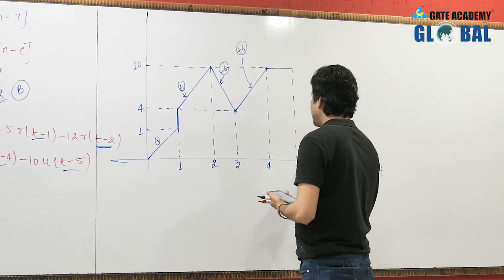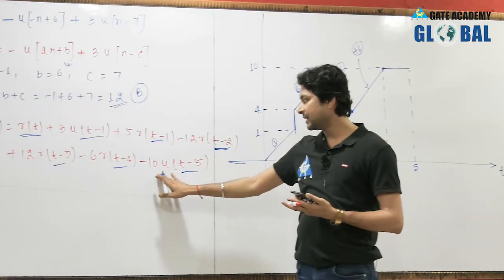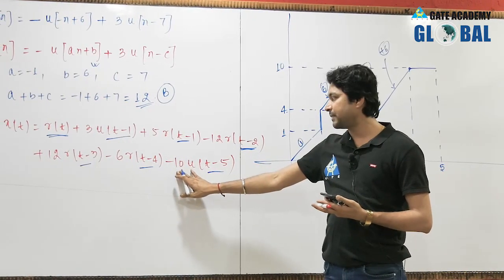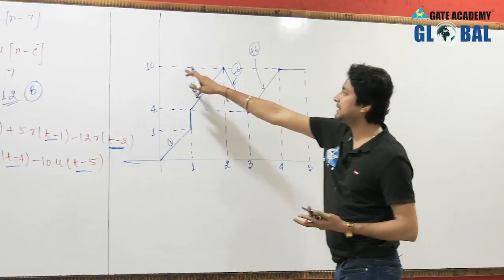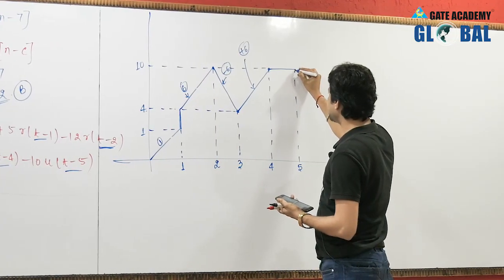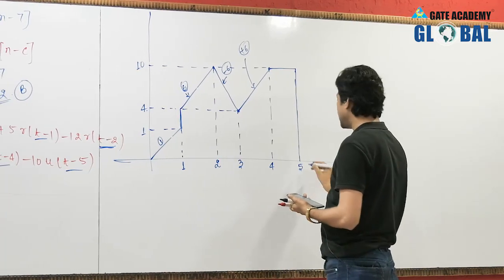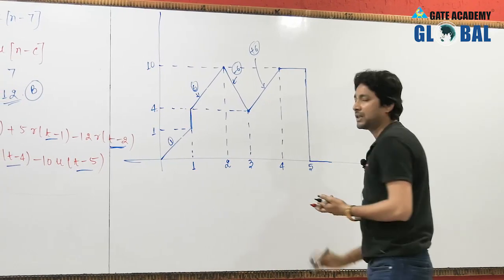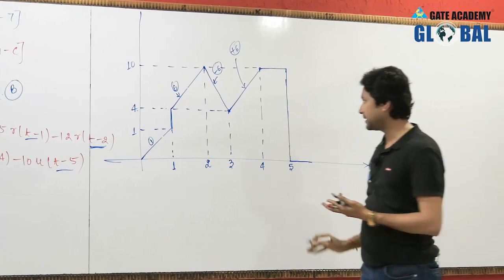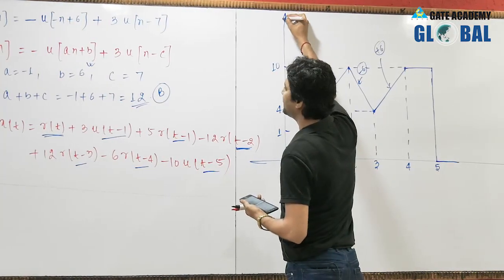Then at t equals 5 seconds, a step is coming having the change of minus 10. So if now you are at 10, then after t equals 5 seconds, the value will be decreased by 10, and therefore the value will become 0, and the signal is constant at this point. So it is the function for which we have to evaluate the value of area.